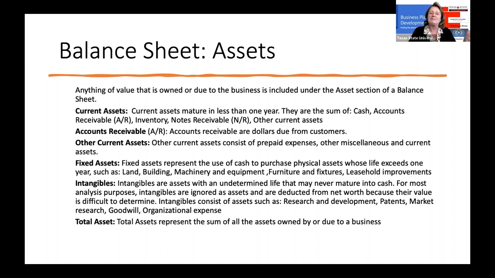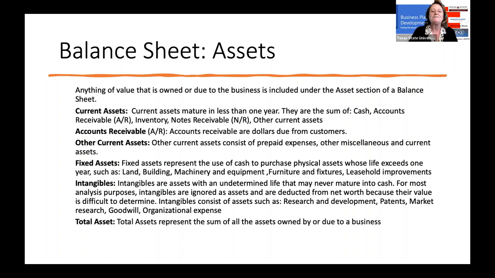So with current assets and accounts receivable, and also other current assets, those are items that we could see turning into cash that we can use to pay our current expenditures. Those are what we're looking at in terms of our operations, our working capital for our business.